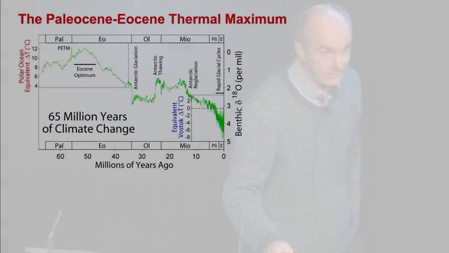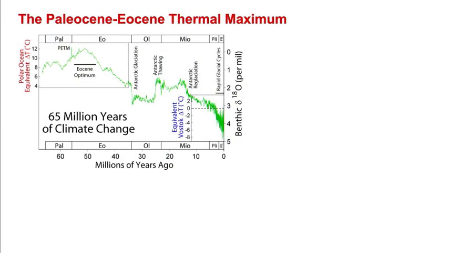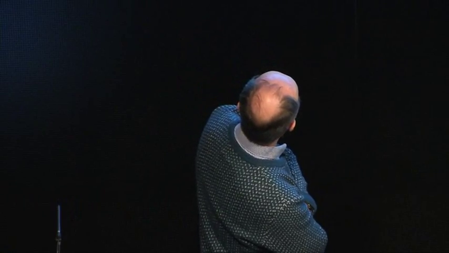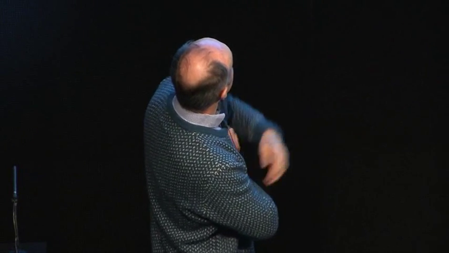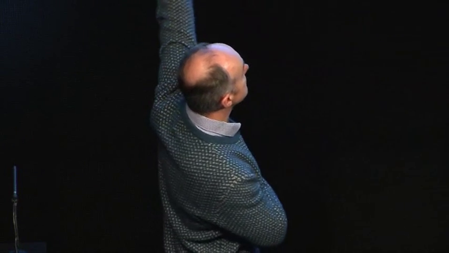Well, the wonderful thing is nature has occasionally, very rarely, done this for us. So the third thing I want to tell you about is the Paleocene-Eocene thermal maximum. And this happened 55 million years ago. If you drill down now in rocks and look at temperature surrogates in the rocks, again using isotope measurements, you can see the history of the temperature of the planet.